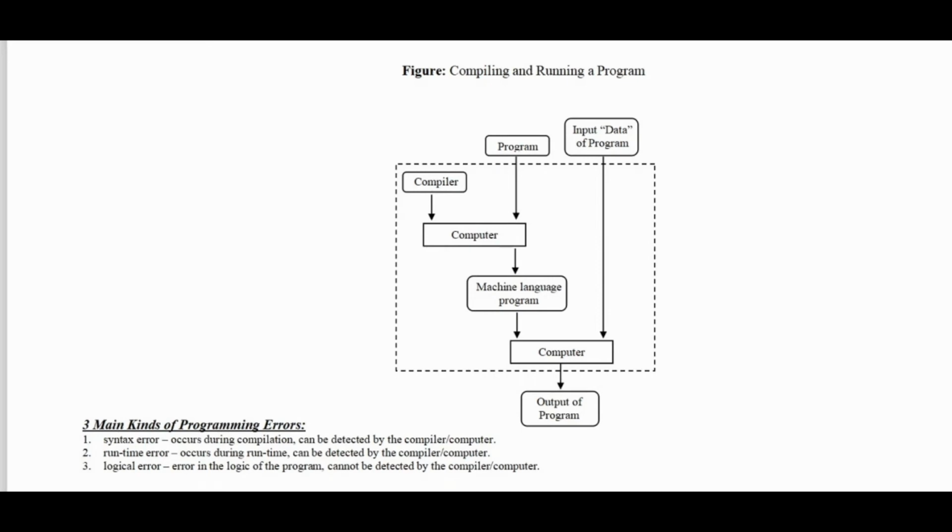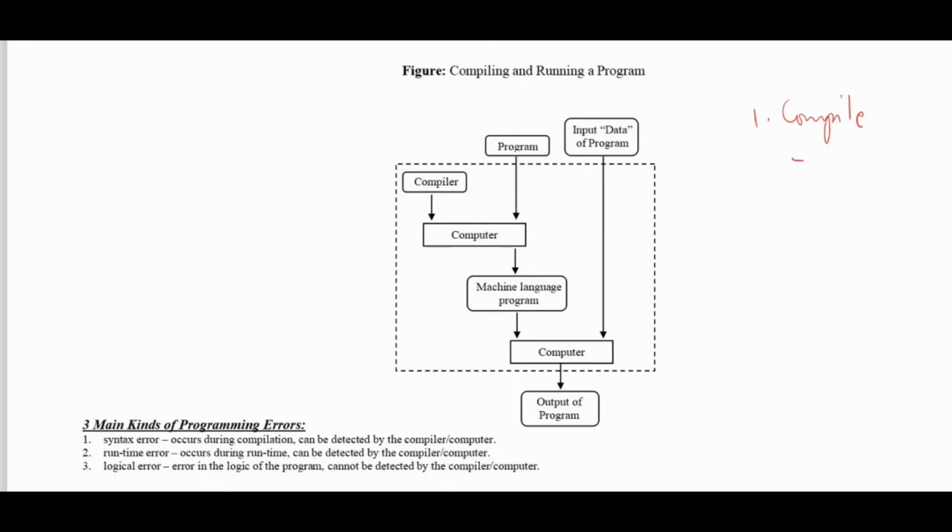Now, let's recall this figure we have discussed a while ago, the figure to compile and run a program. So again, what is depicted in this figure is how a program is compiled and run. Now remember that when I gave you a demo on running a program using Dev C++, what we did first is we compile the program.